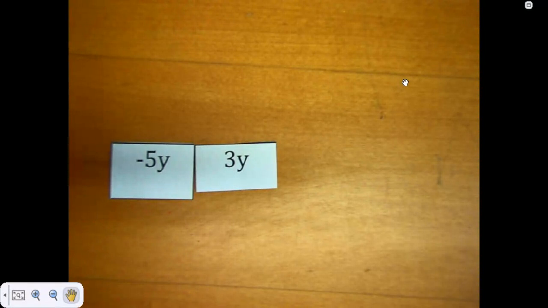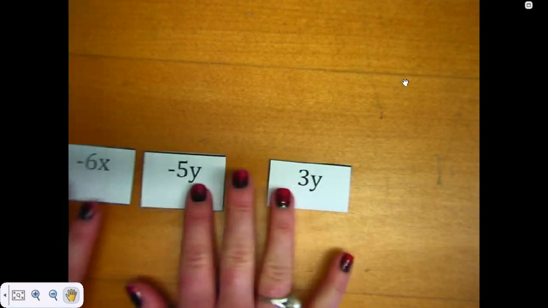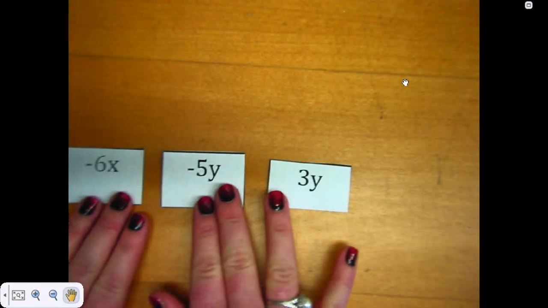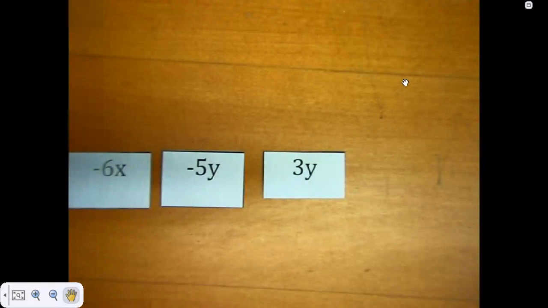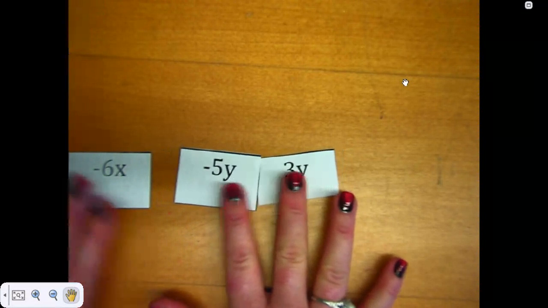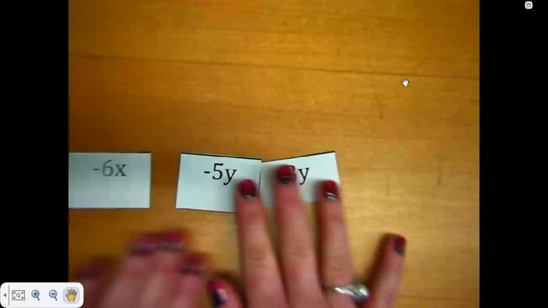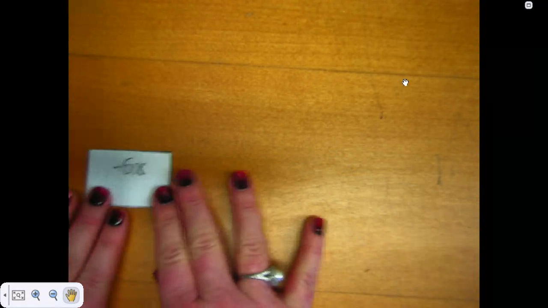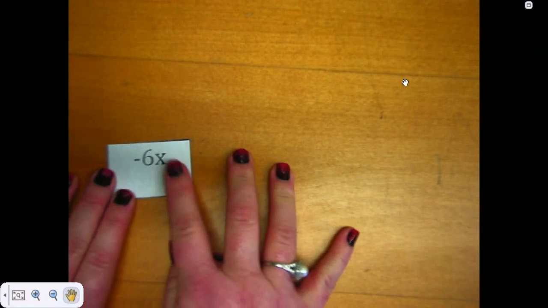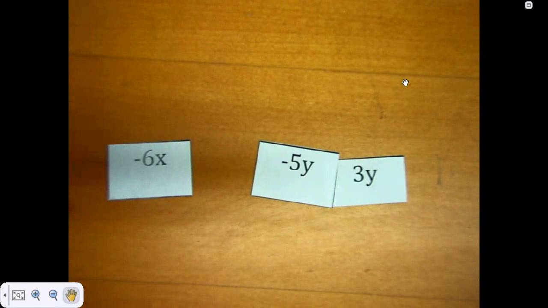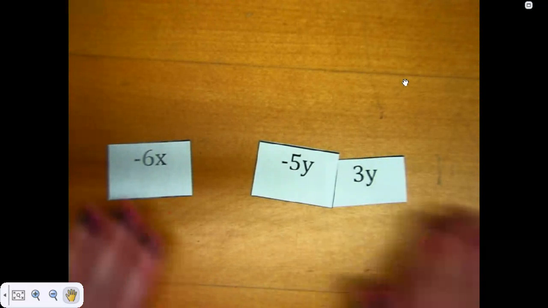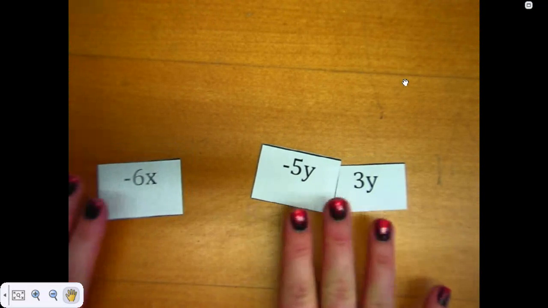And if we had something like negative 6x minus 5y plus 3y, we could combine these two together and make a negative 2y, but we can't do anything with this x because we don't know what x stands for, and we don't know what y stands for. And we're going to get into this more, so don't freak out on me yet. But the point of this activity is for you to see, what can I combine?